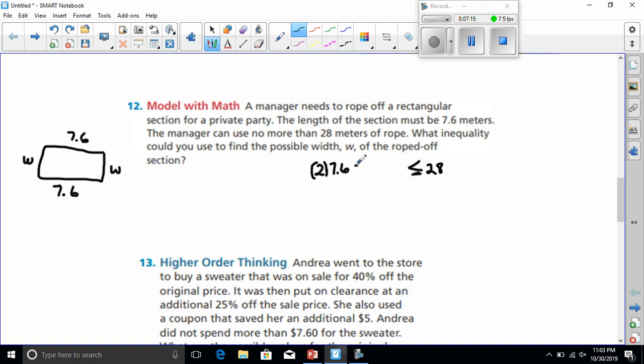So this is the perimeter. And that'd be added to, well, 2 W's. We don't know what W is, but we do know there'd be 2 of them. If I take 2 times 7.6, 7.6 plus 7.6 is going to be 15.2.